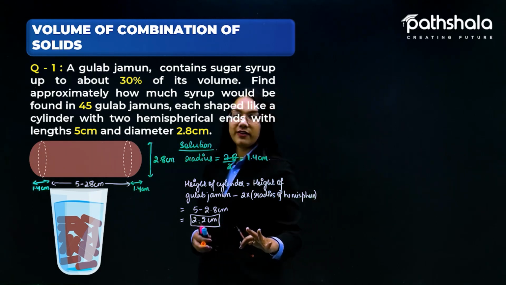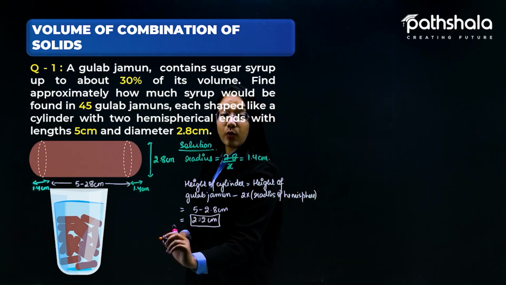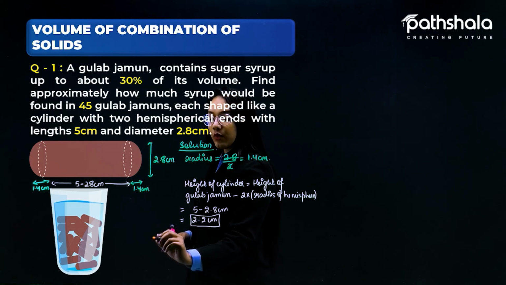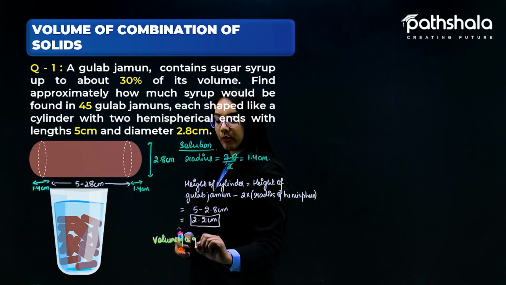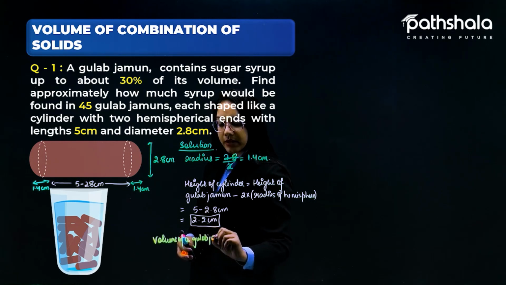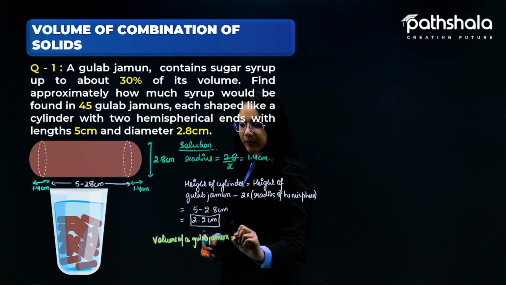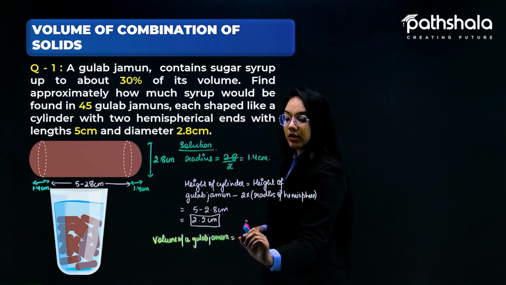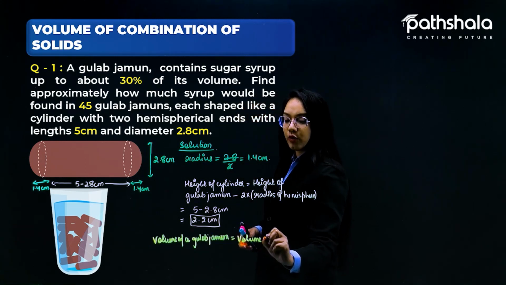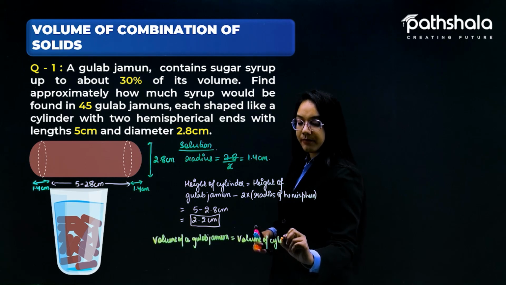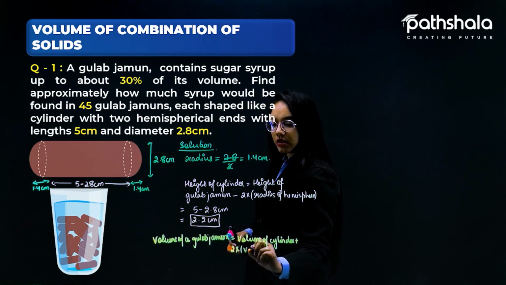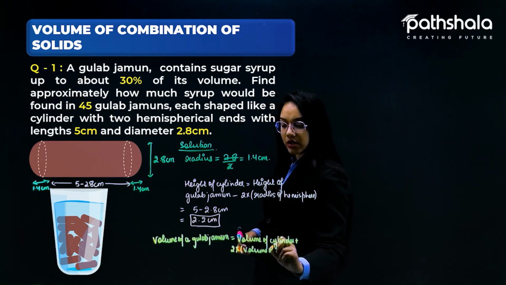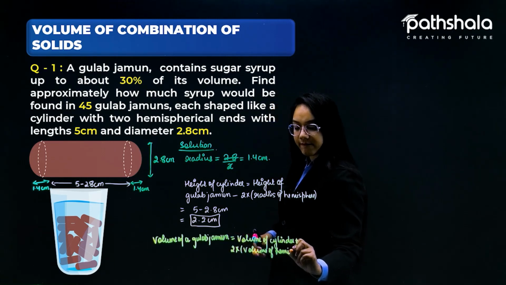So let's further talk about their volumes individually. Let us start with the volume of a gulab jamun. The volume of a gulab jamun is equal to the volume of the cylinder plus twice the volume of the hemisphere.